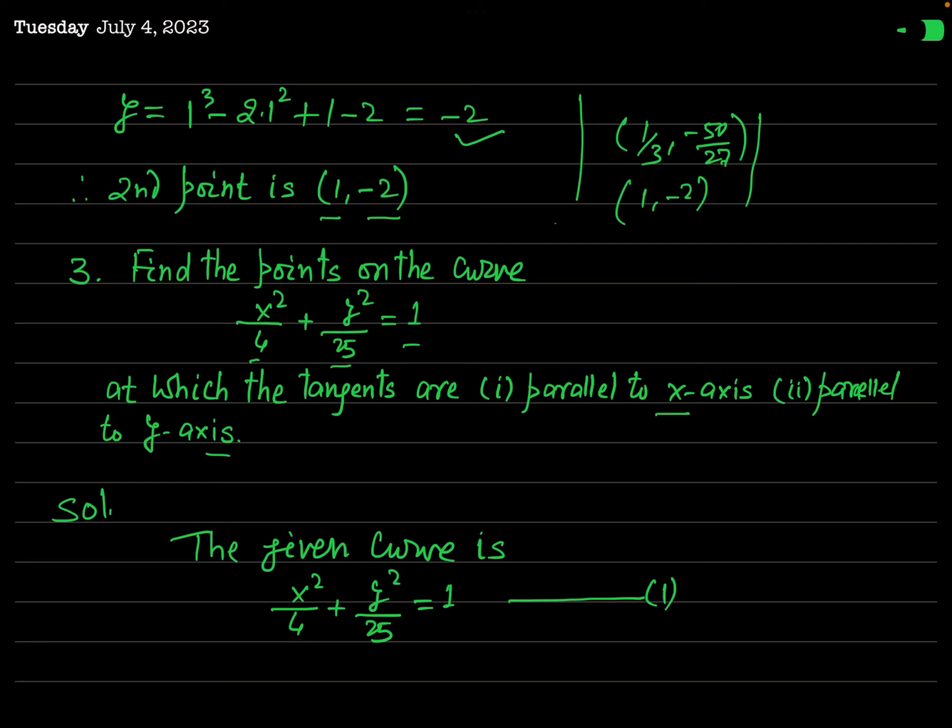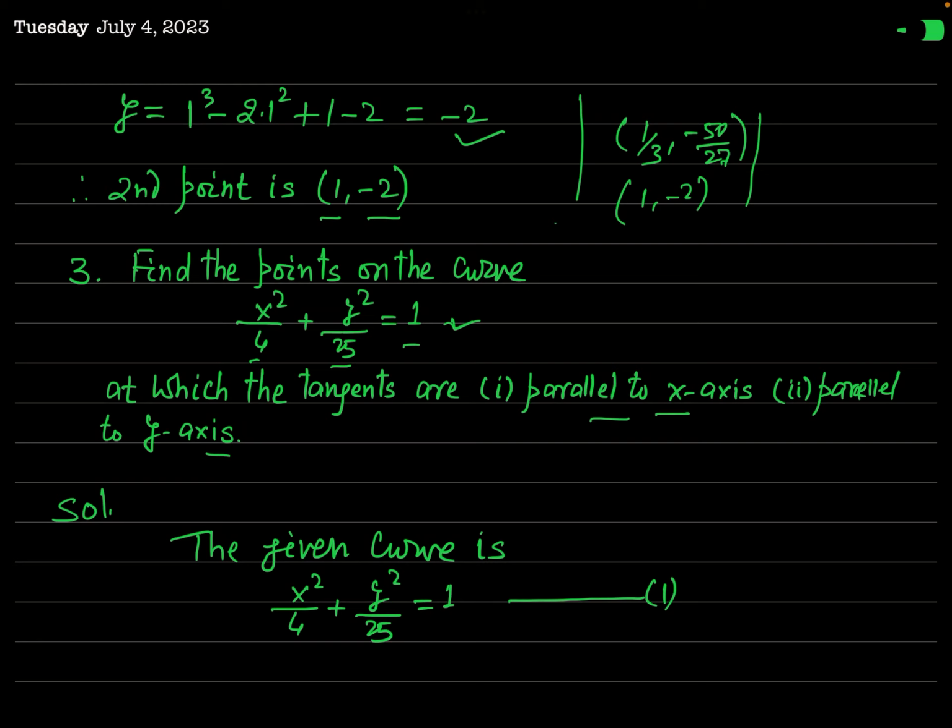There are 2 conditions in this problem, and we have to find those points where the tangent to this given curve is parallel to the x-axis and parallel to the y-axis.